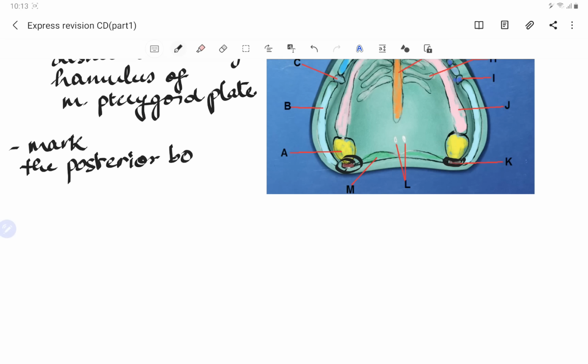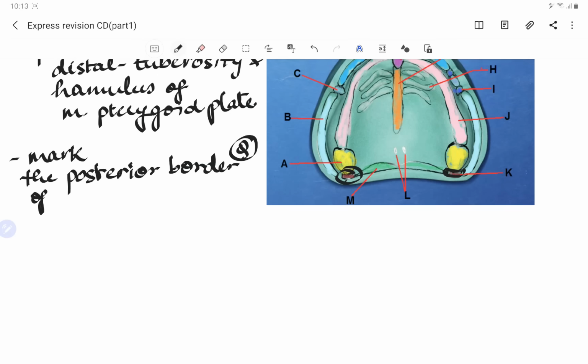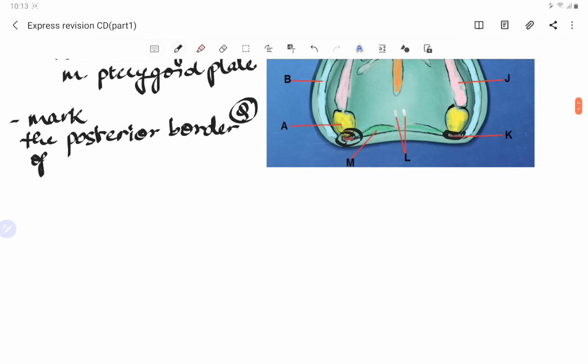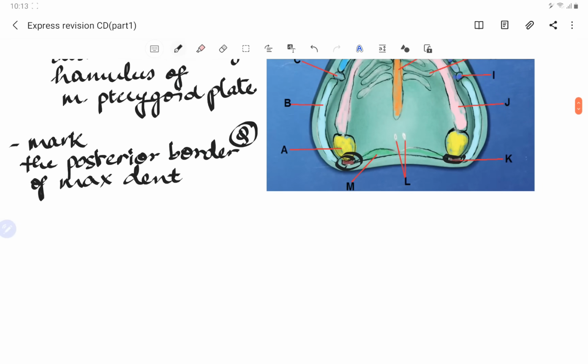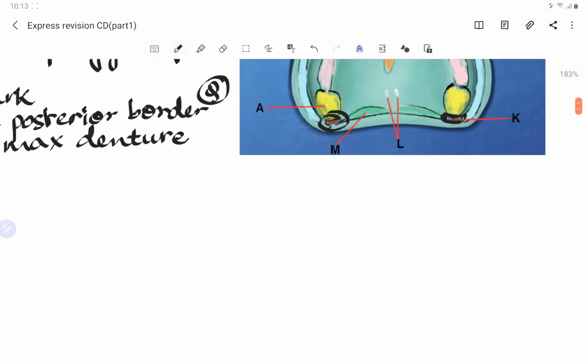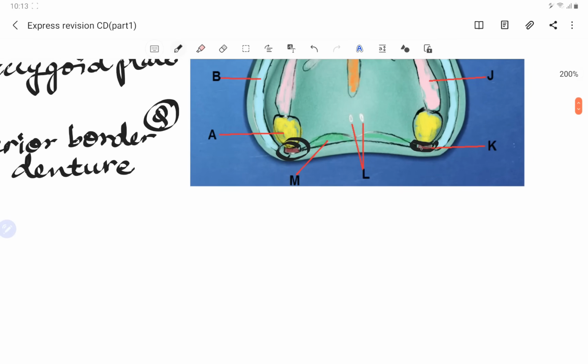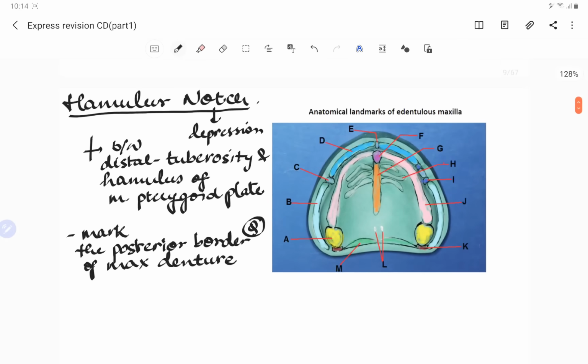The center of the deepest part of the notch we mark as the posterior palatal seal area. So this particular fellow is our hamular notch, which is labeled as K.